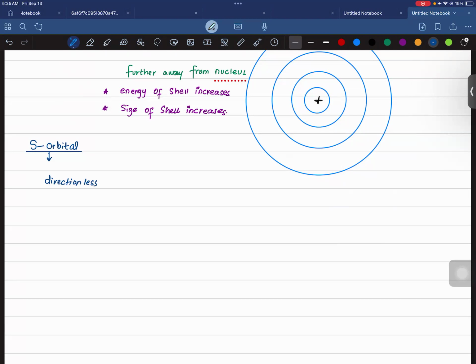I mean to say that, let me draw the s orbital just like that. This is x, y, and z. This is spherical shape.